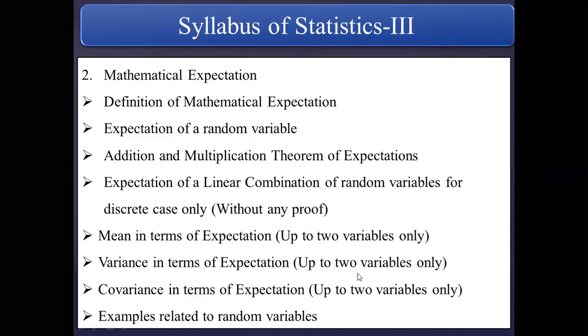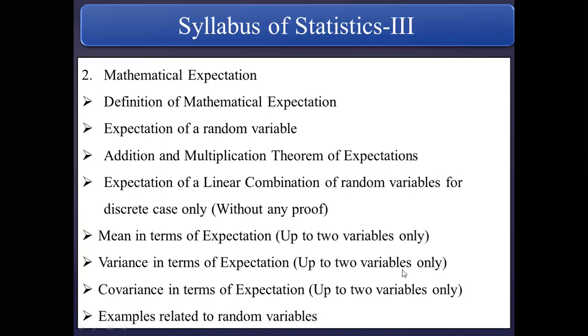So when we have one variable we will find expectation, and when we have two variables we can find expectation. Of course, when we have more than two variables we can also find the mean of that variable, but in our syllabus we have to find mean, variance, covariance for only two variables.